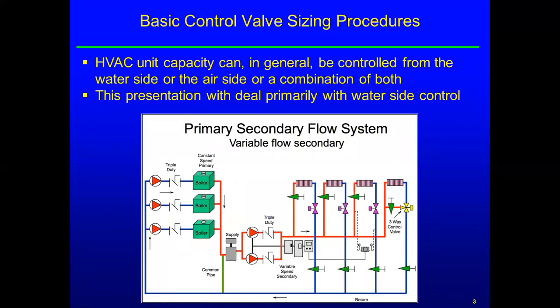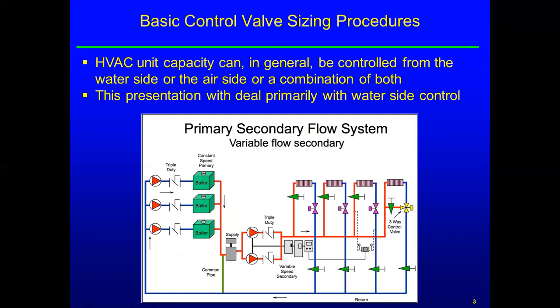HVAC capacity in general can be controlled from the water side or the air side or a combination. In this presentation, we're going to talk about water side control. With the advent of variable frequency drives, it's possible to control it from one side or the other or both, but we have to start the discussion someplace, and we're going to deal here with water side control.